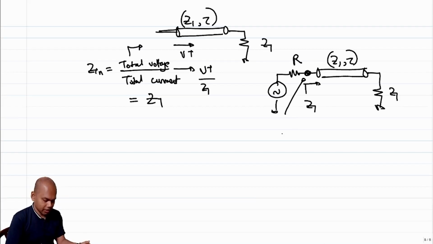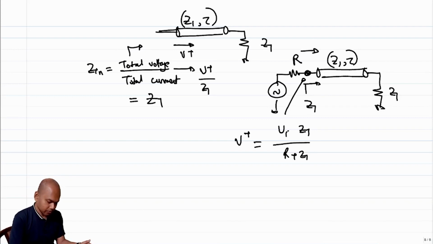The voltage here is essentially Vi Z1 by R plus Z1, which goes in, right? So if I call this V plus 1, V plus 1 will be this, right? So you can use this and solve for it. Okay.